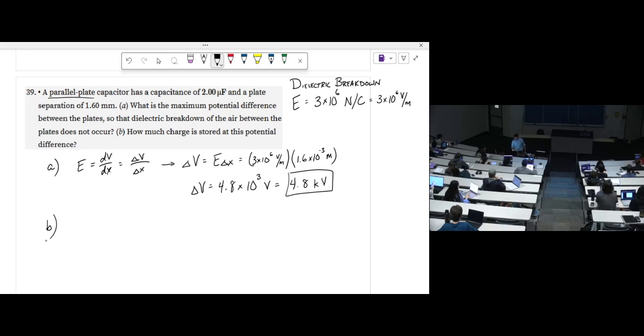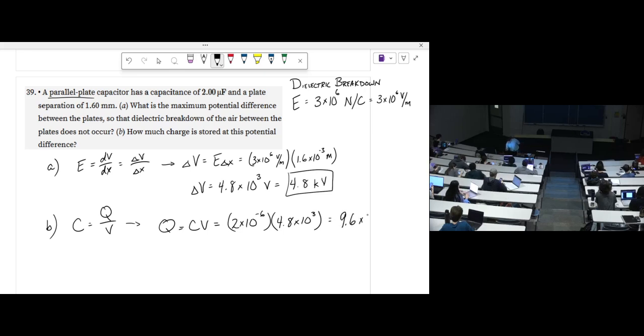How much charge is stored at this potential difference? Well, we said capacitance is Q over V. So that means Q is equal to CV. So that's 2 times 10 to the minus 6 times a voltage of 4.8 times 10 to the 3. That's equal to 9.6 times 10 to the minus 3 coulombs, or 9.6 millicoulombs.